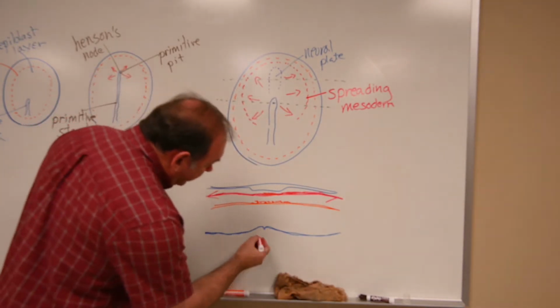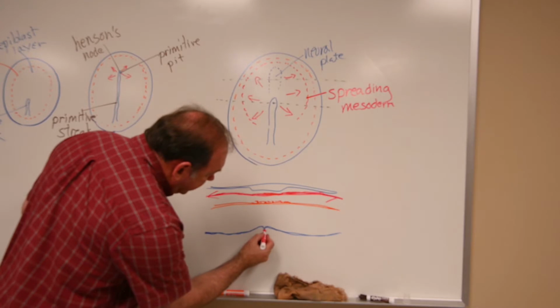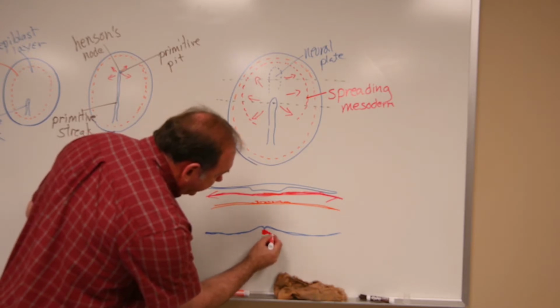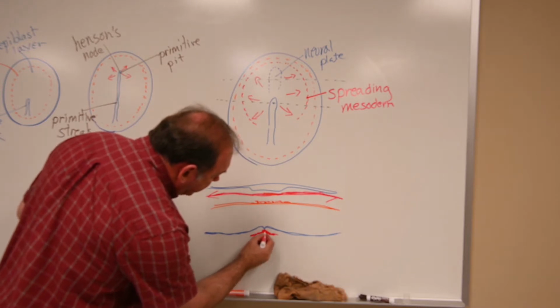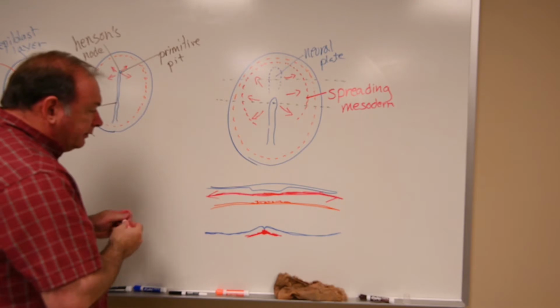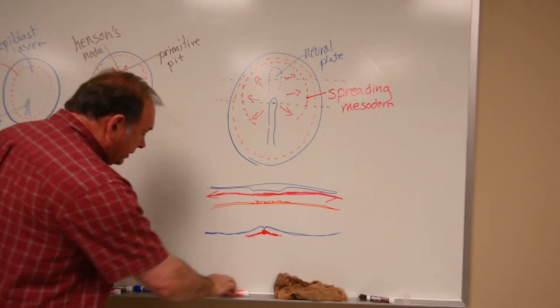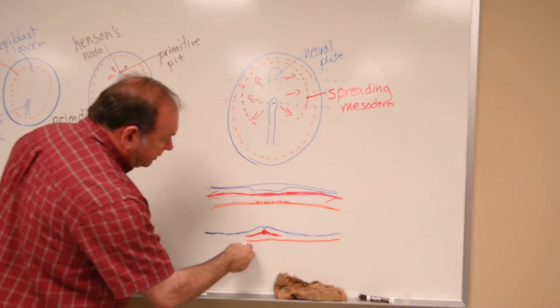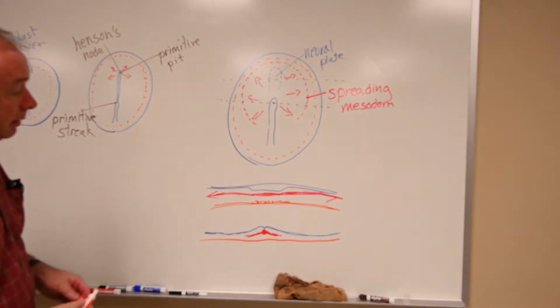And right where it folds in right there, we have a thickening of cells, these early mesodermal cells, and they're starting to spread out and go to either side from that point of infolding. So here's our spreading mesoderm from our primitive pit, and then we have our hypoblast layer of cells extending across below that.